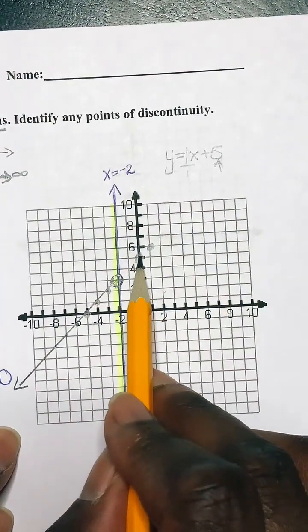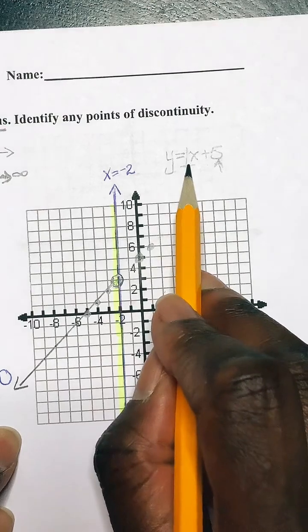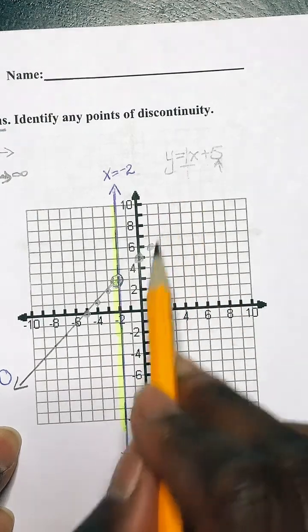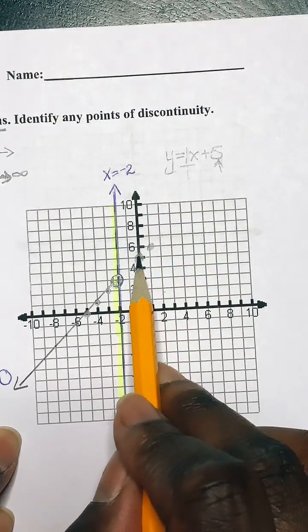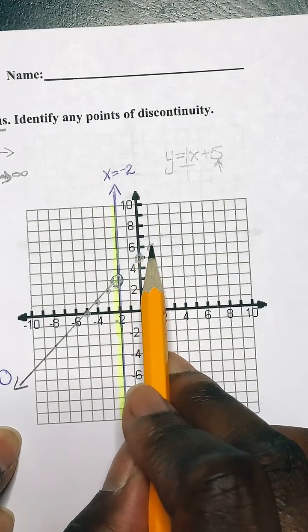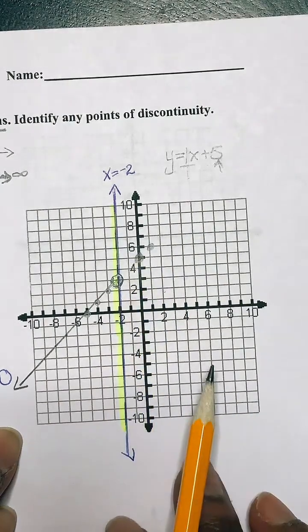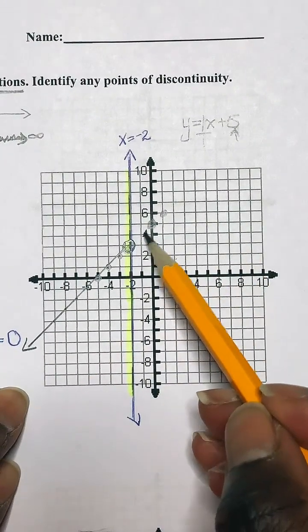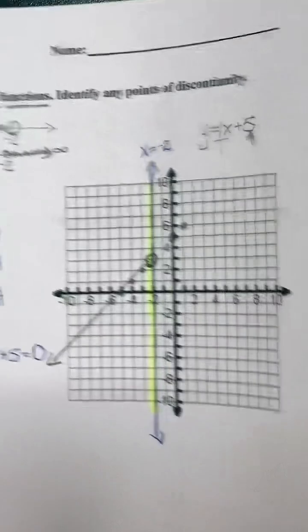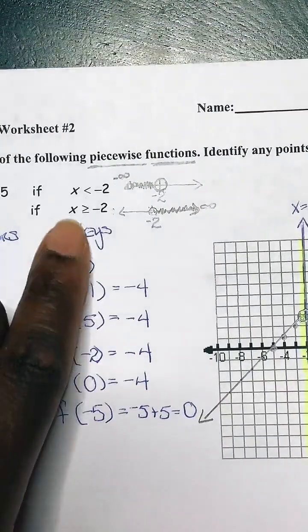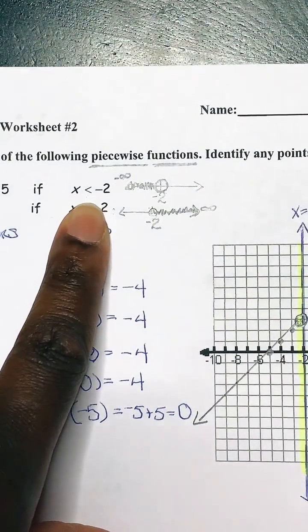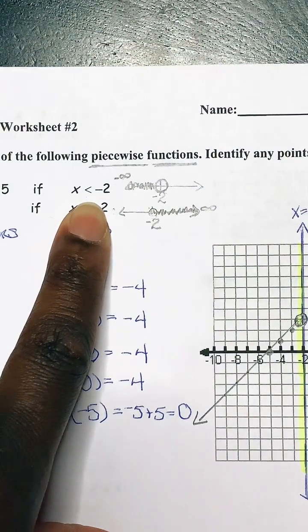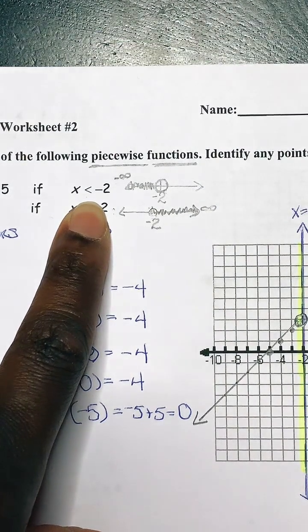So my y-intercept is going to be the 5. So we started here at the 5. My slope is telling me the direction where I need to go to draw the next point, which was up 1 and over 1. But since we're doing a piecewise function, that means we're only graphing what the limit or the restraint is. And the restraint is telling me we want to only graph when x is less than -2.